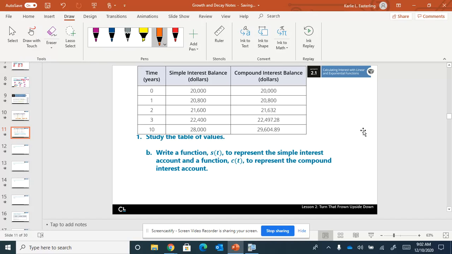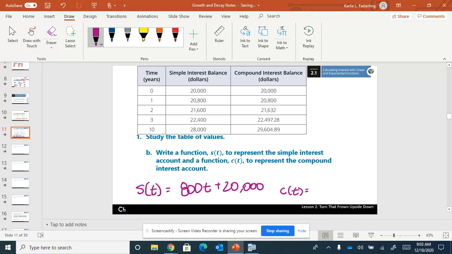So hopefully you'll remember that whenever you are writing a linear equation, you need to know your y-intercept, which is your b value, and your slope. Your slope is the rate at which you are increasing with this, the common difference. And the common difference here is that 800 that is being added each month. And our zero is that $20,000.